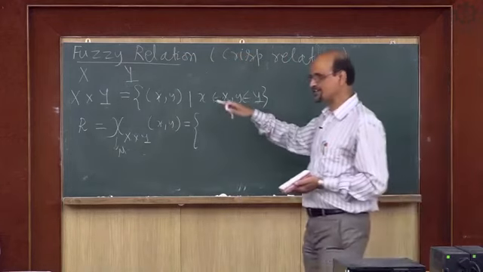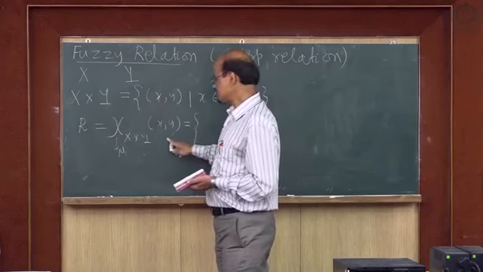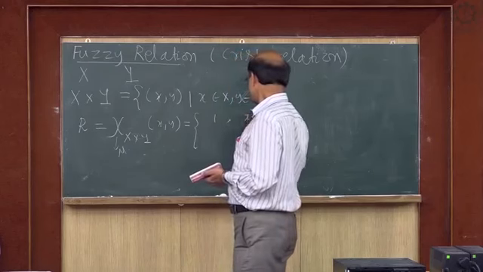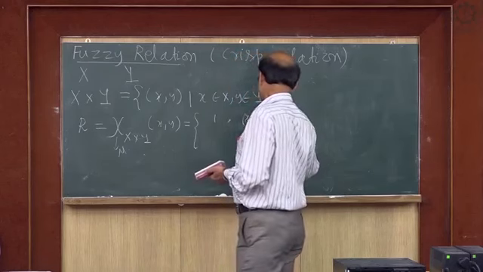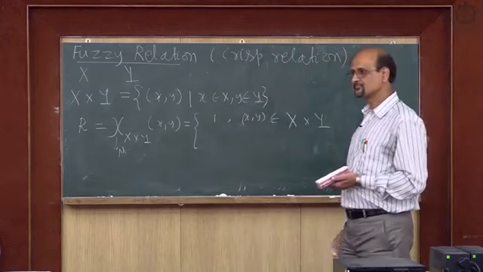So, relation in a crisp set, okay? Chi(x, y) is equal to 1 when (x, y) belongs to X cross Y. This you know.